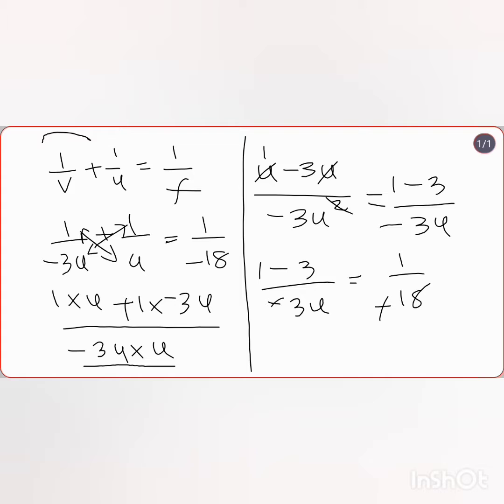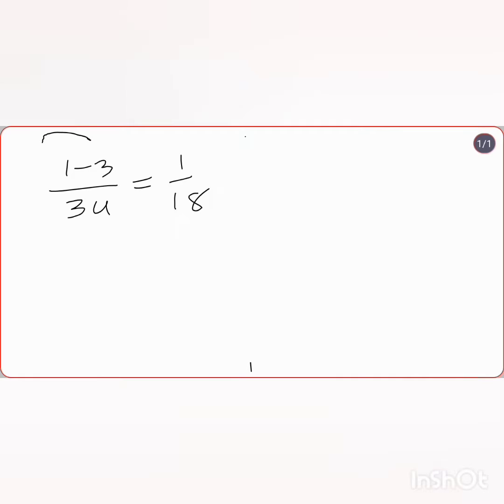This minus we cut. So from this equation we can calculate u is equal to minus 2 into 18 divided by 3. Then we get minus 12 centimeters.